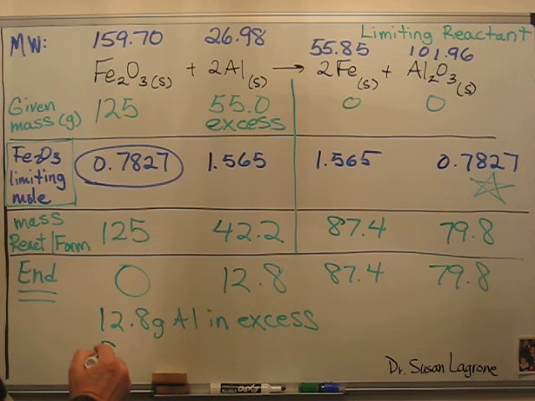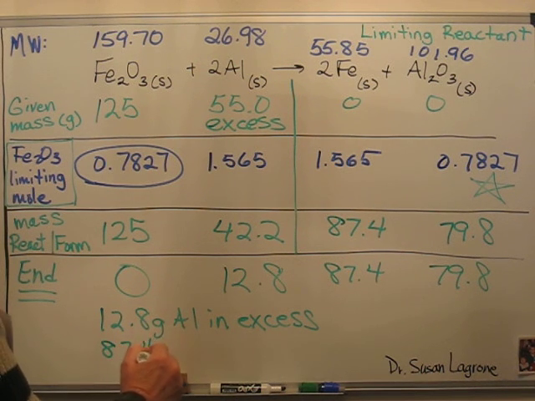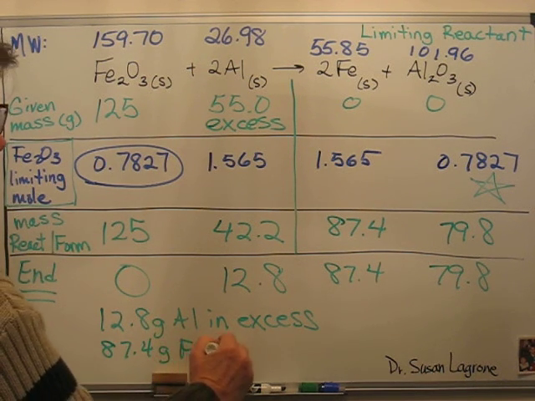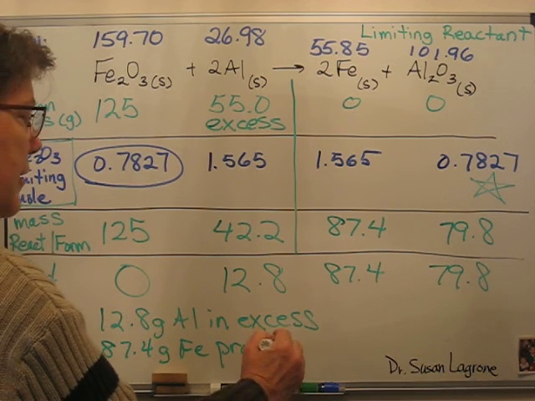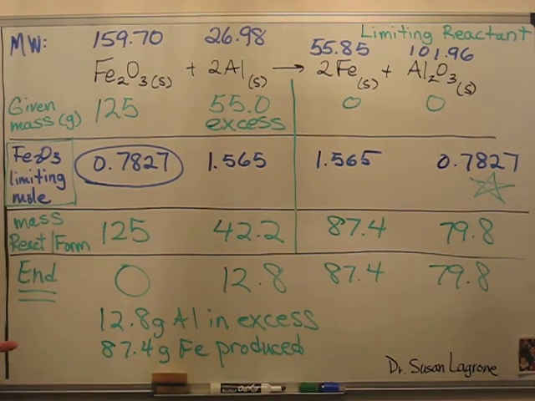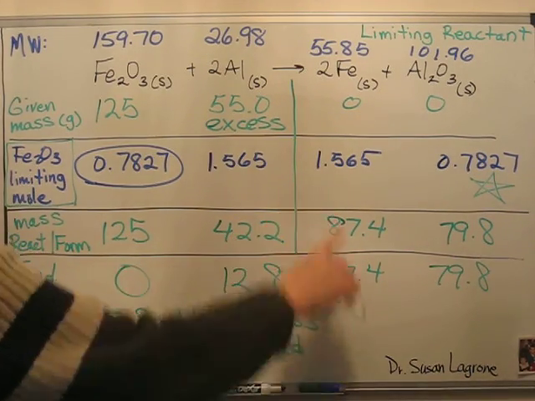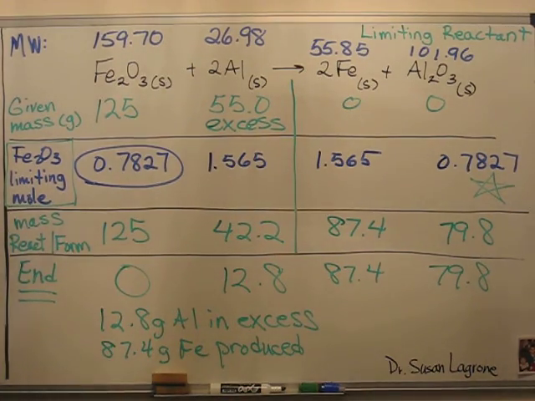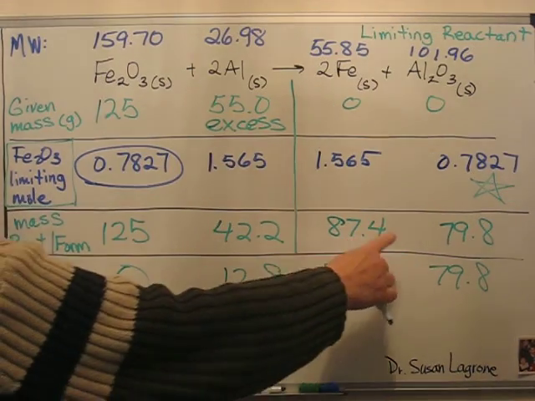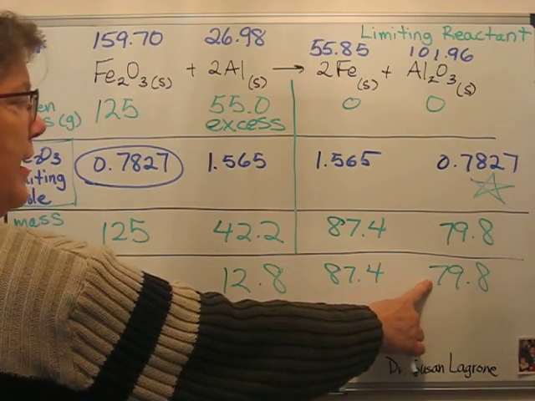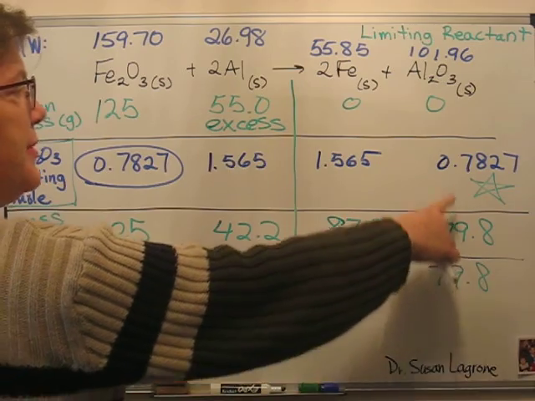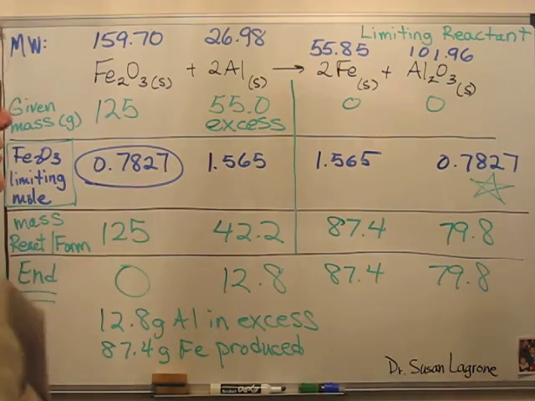I would just say 87.4 grams of iron produced. If they wanted moles of iron, I already have it. Here are the moles of iron. I just need to round to the correct sig figs. And if they ask for mass of aluminum oxide, it's 79.8 grams. Or if they ask me for moles, I have my answer here.